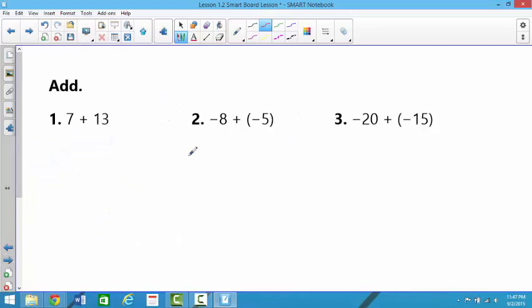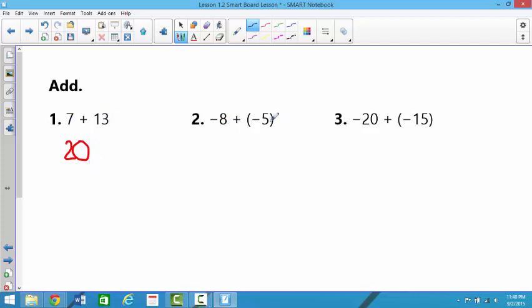So now we want to add these integers with similar signs. Again, you're just looking at the absolute values, adding them, and applying the same sign. So 13 and 7 is going to be 20, and it's a positive 20 because they're both positive.